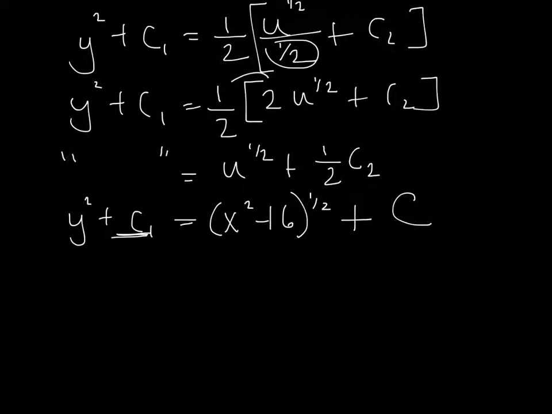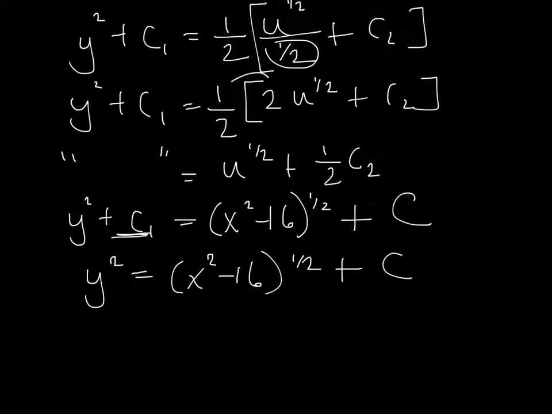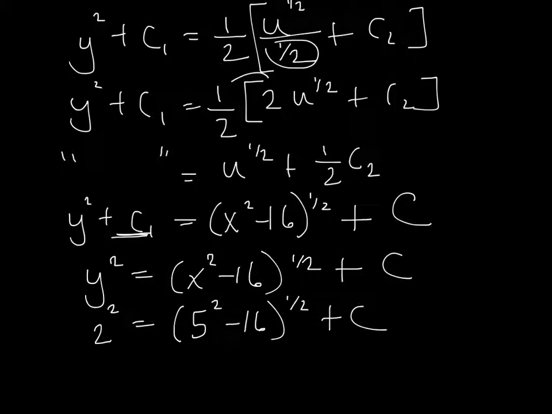Okay, so let's rewrite this. And I want a particular solution. From my initial conditions, what was it? We had y of 5 is equal to 2. So that's 2 squared equals 5 squared minus 16, plus c.